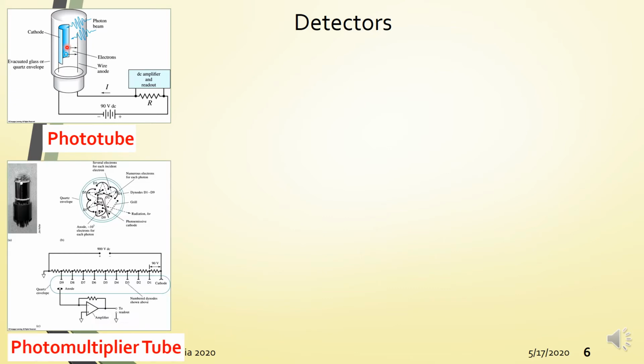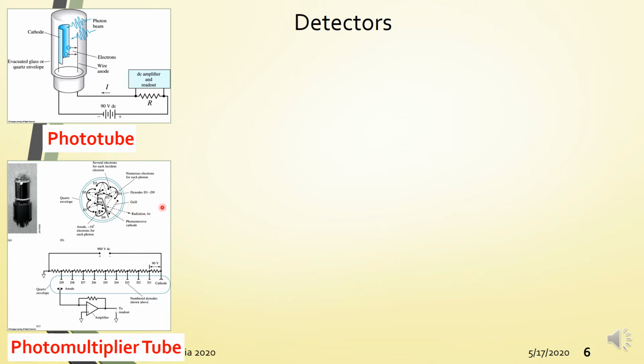Okay, a related detector is your photomultiplier tube. So the design is similar to your phototube, except that it contains what you refer to as dynodes. So the dynodes actually multiply the emitted electrons.